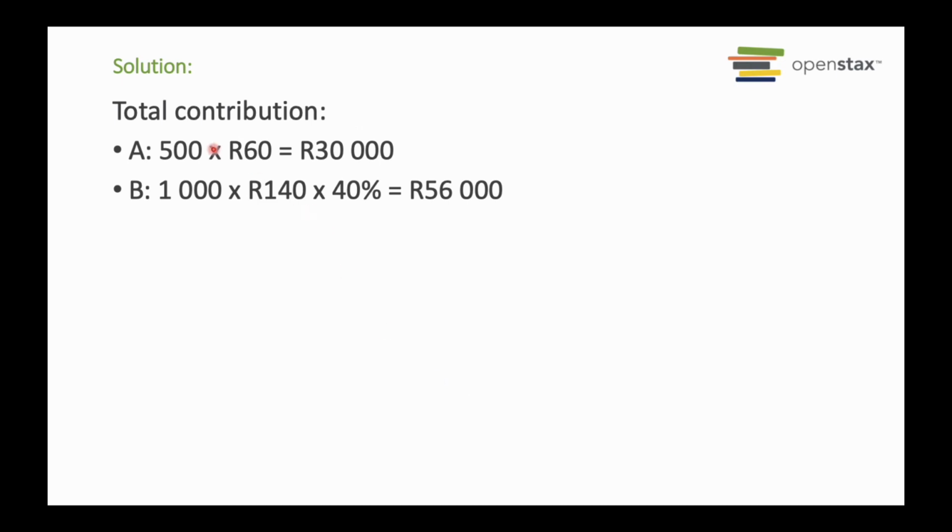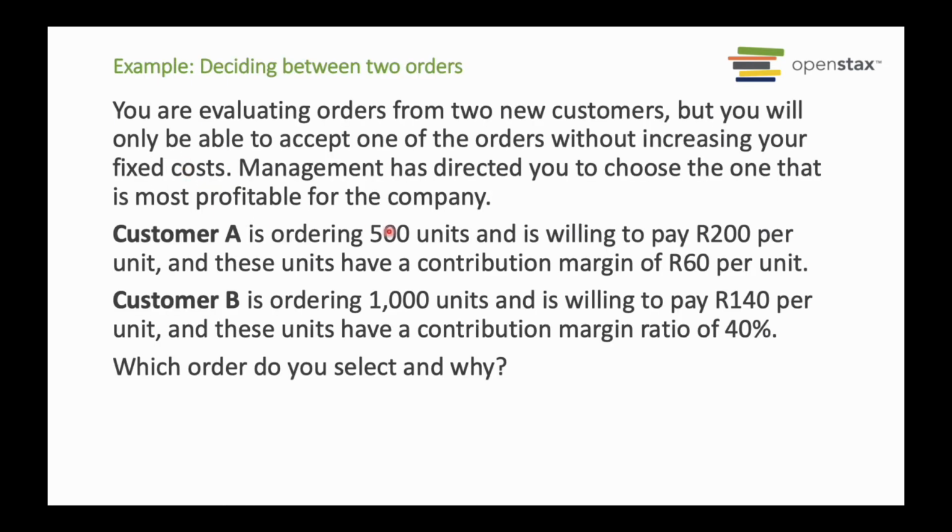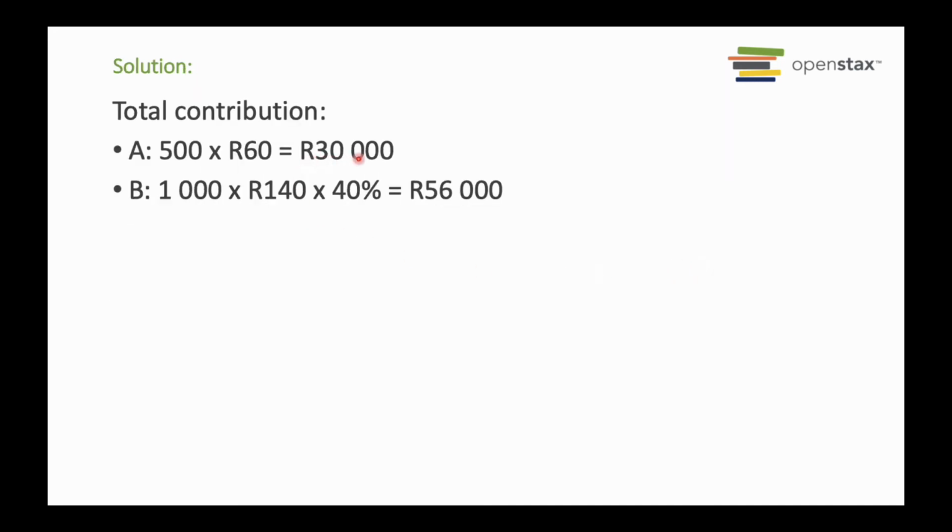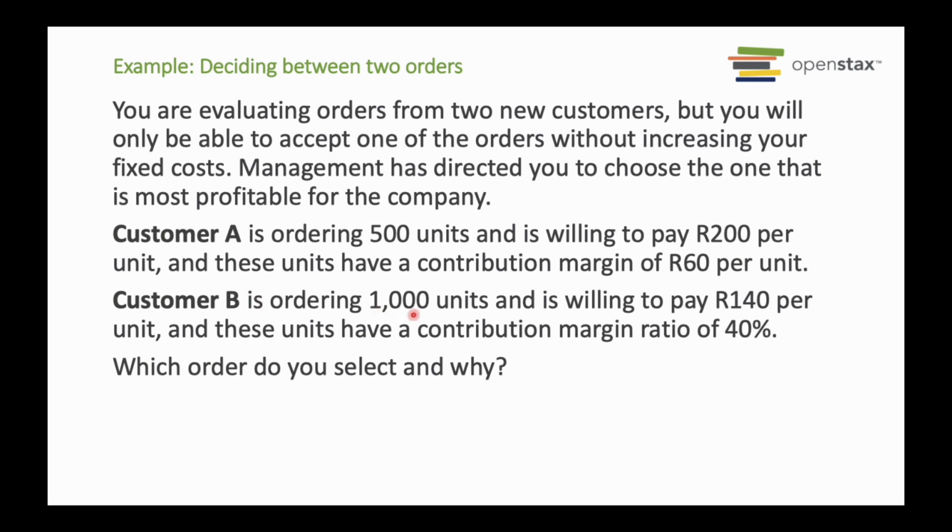If we calculate the total contribution from each order, customer A will order 500 units and the unit contribution margin is 60 Rand per unit. Therefore, we will make a total contribution of 30,000 Rand from customer A. Customer B will order 1,000 units. He will pay 140 Rand per unit, and the contribution margin ratio is 40%.